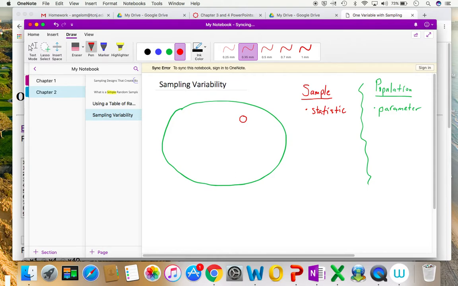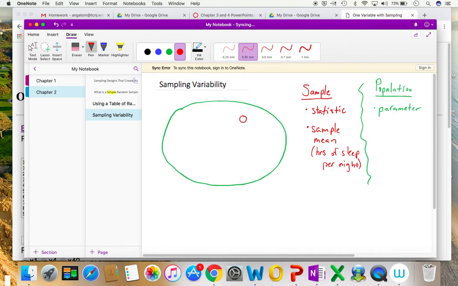So for a sample mean, and I'm just going to put in parentheses here, hours of sleep a night. And that's actually the variable we're going to study in a minute here.